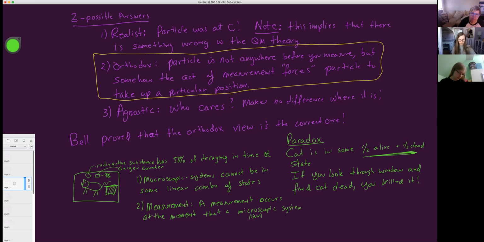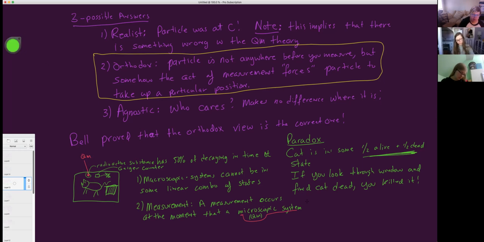And in this case, the microscopic system is the radioactive substance here. This is the QM system, the atom. That's the microscopic system.